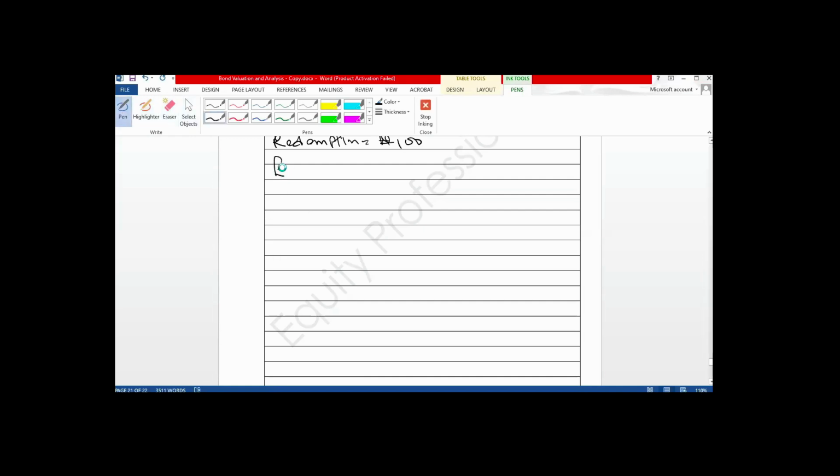Get the expected cash flow from bond B. The annual interest is 4% of the face value of 100. That will give you 4 naira in year one.